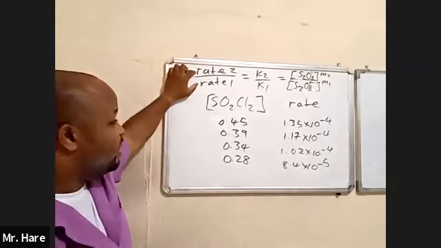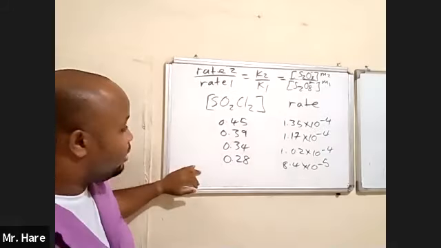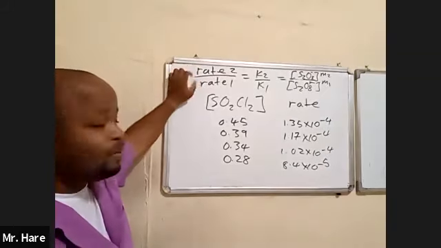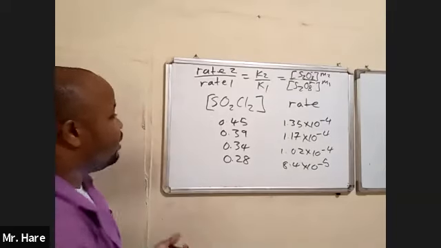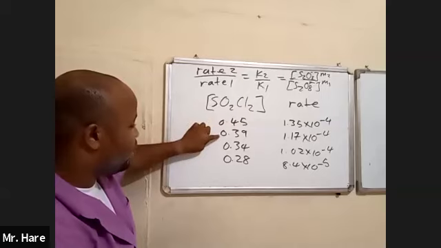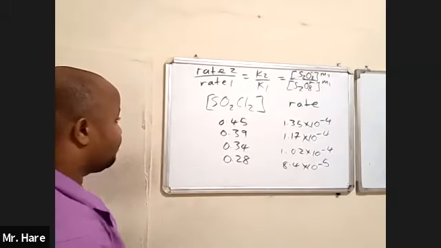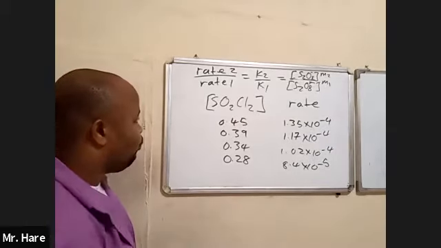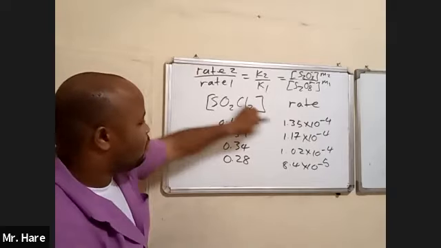All right. So if it comes where it's not like experiment 1 and experiment 2, and you have to calculate it, this is what you will do. So you pick 2 rates. Let us do it. Let us use 0.45 and 0.39. So what would we say? Rate 2 over rate 1.